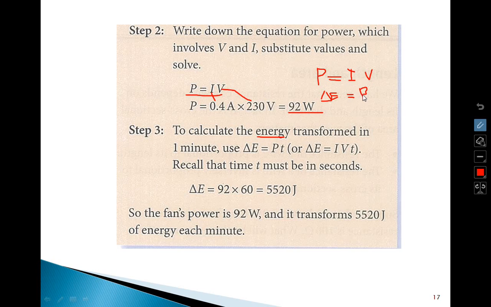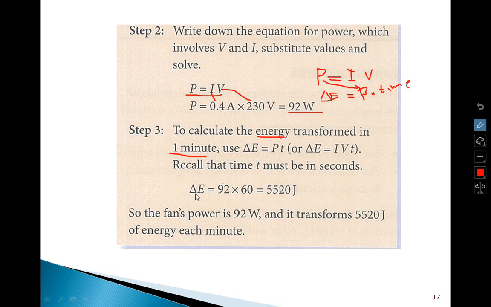P times time. Substitute the value of P here. So energy is equal to I times V times time, T, in 1 minute.